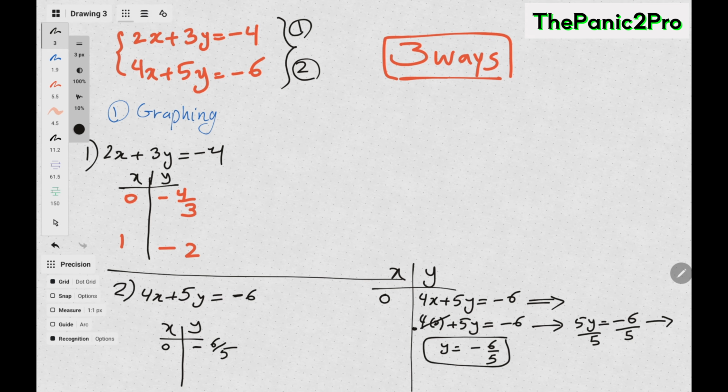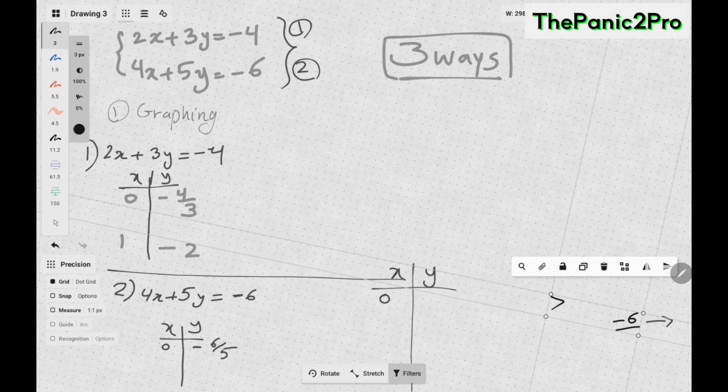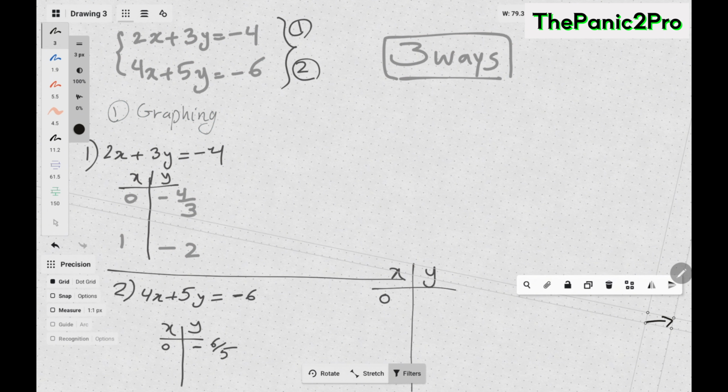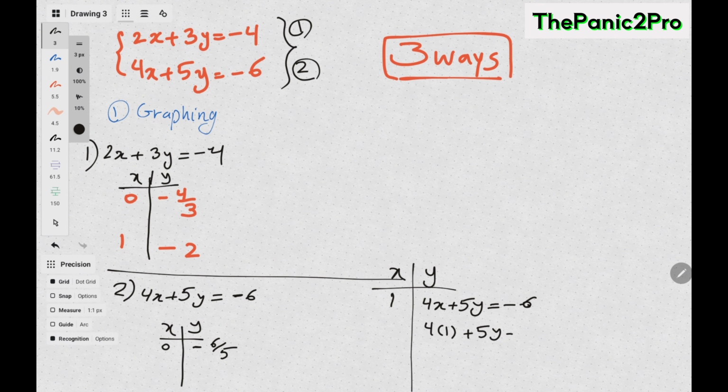And I'm going to try another x. Let's try x as 1. If I put x as 1, I'm going to have 4x plus 5y equals minus 6, so 4 plus 5y equals minus 6.